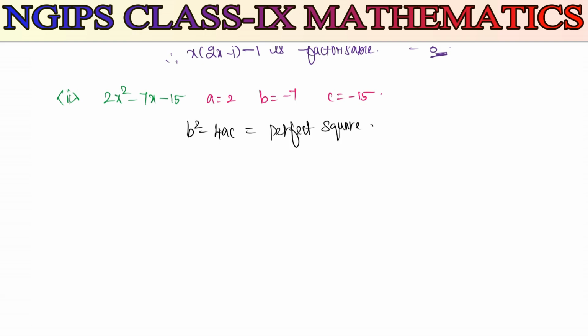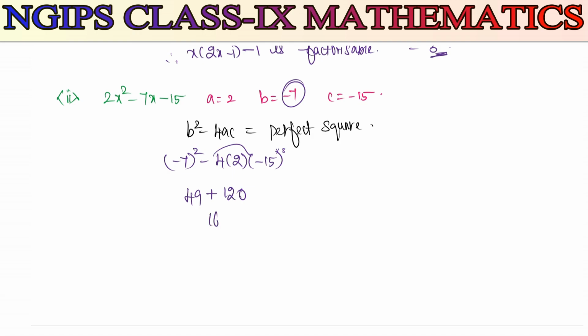Okay, now we'll check here. We have b value it is minus 7 whole square minus 4 into a value it is 2, c value it is minus 15. So 7 square value it is 49 plus, so minus into minus it will be plus. 4 2s are 8. 8 into 15, 8 5s are 40, 4 remainder 8, 120.